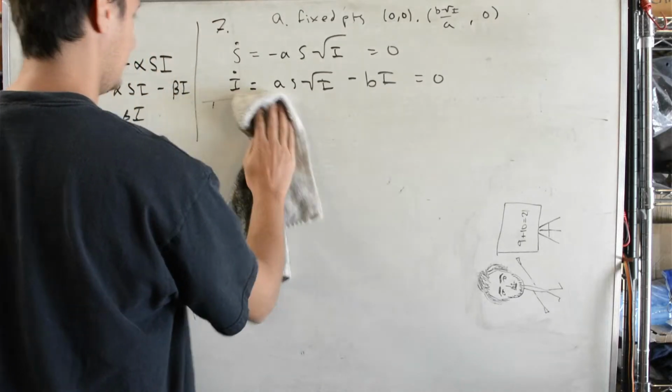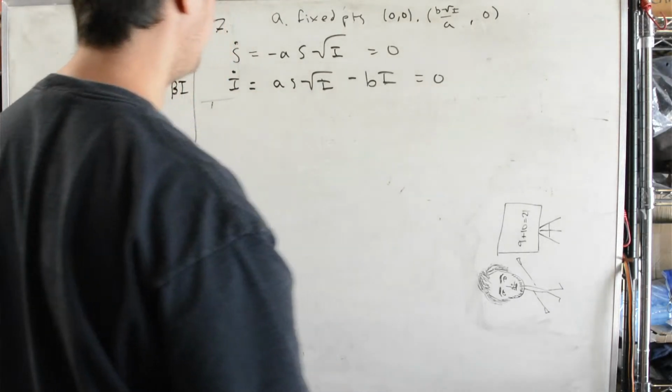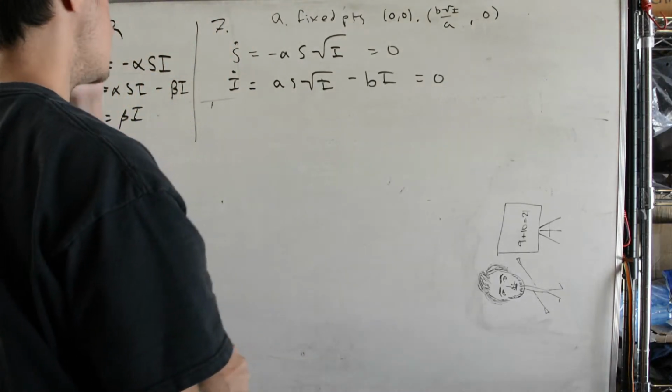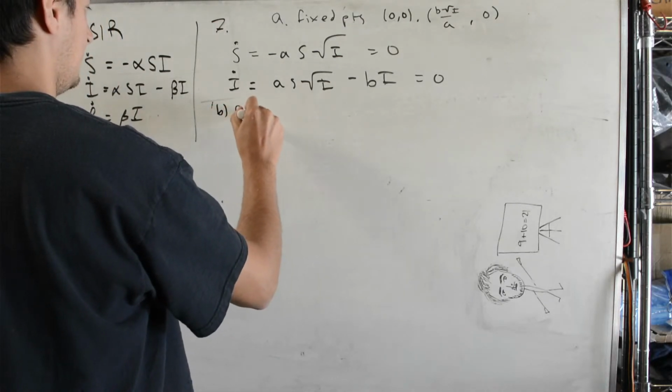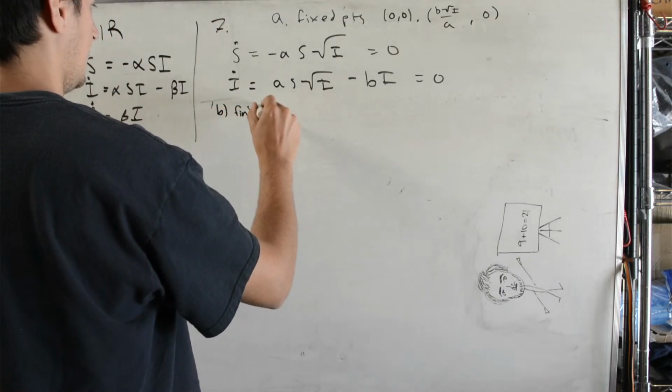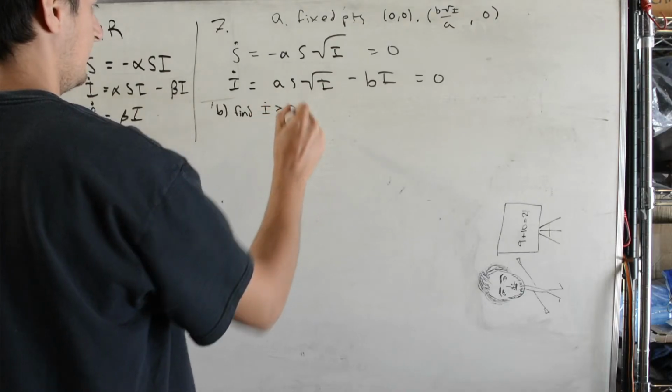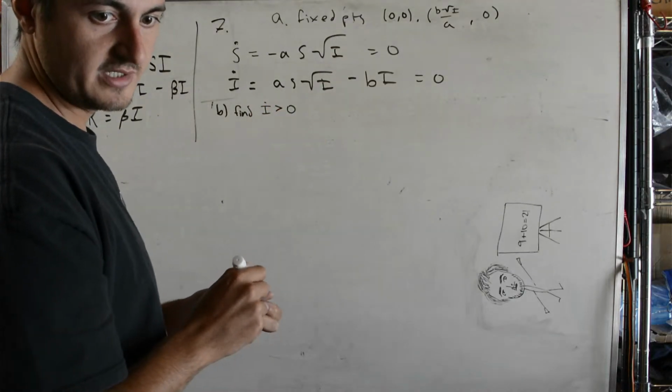Erase this. So part B is find I greater than 0.